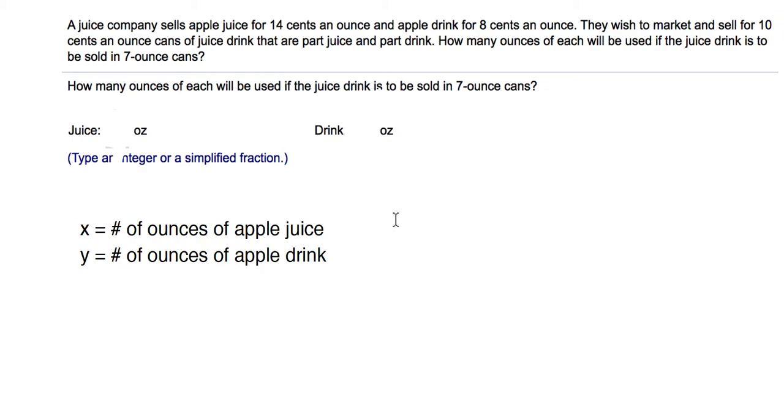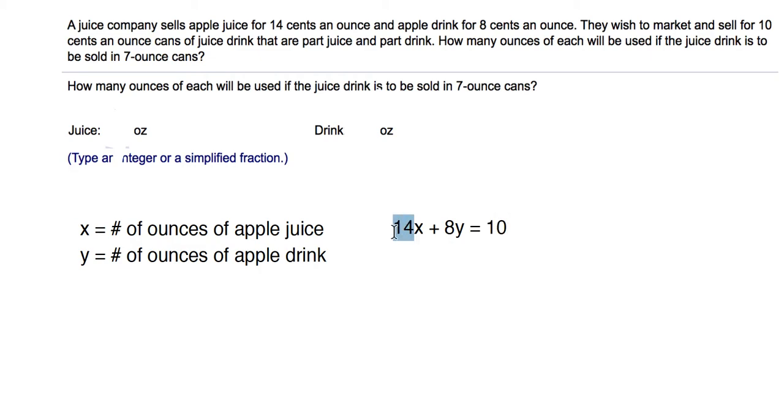I'll keep in mind I'm talking about cents, not dollars. 14 cents for each ounce of apple juice, so I'm going to put 14 times X, because if there's 1 ounce of apple juice, then that's 14 cents. If there's 2 ounces, then that's 28 cents. There's 8 cents for each ounce of the apple drink. And that should equal, it's 10 cents an ounce.